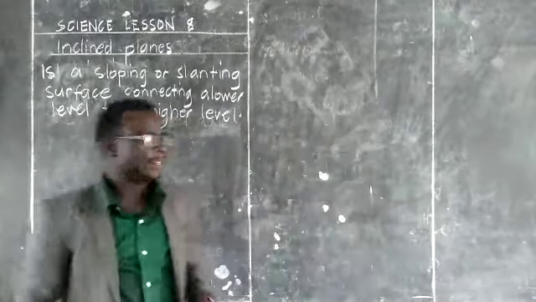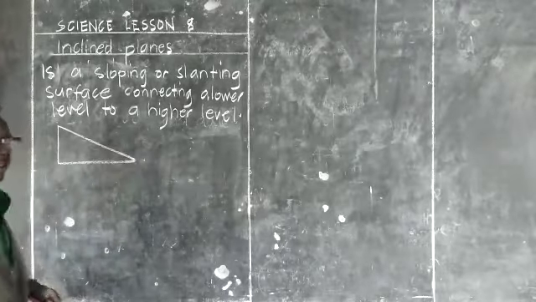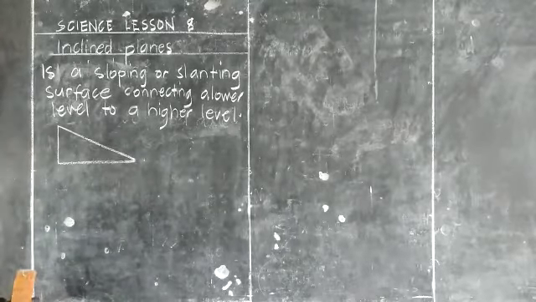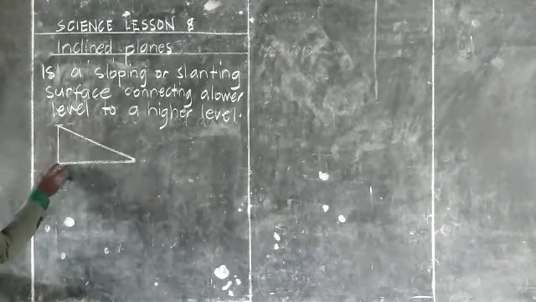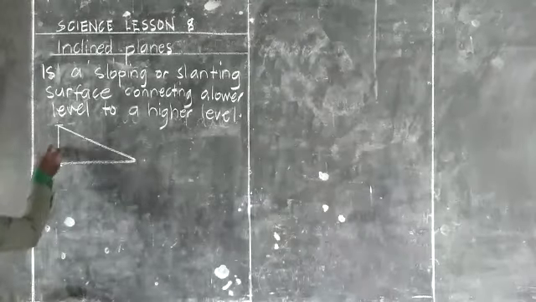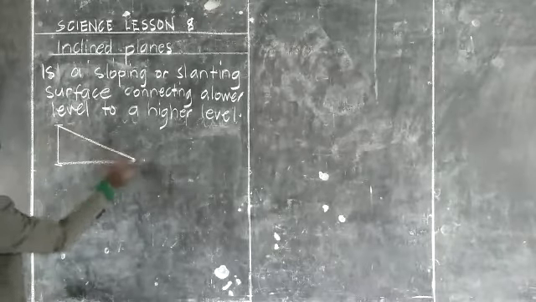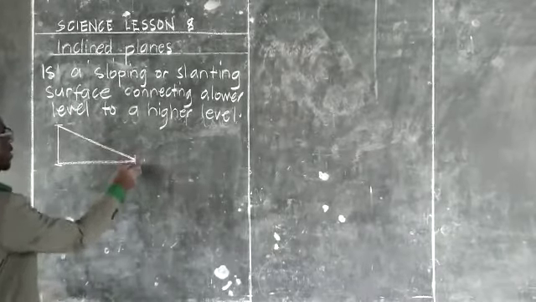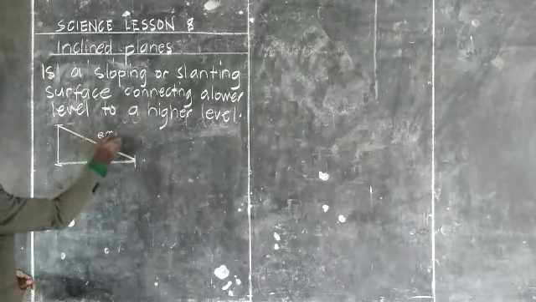An inclined plane is normally drawn like this, whereby this vertical part is the distance moved by the load, and this slanting surface is the distance moved by the effort.